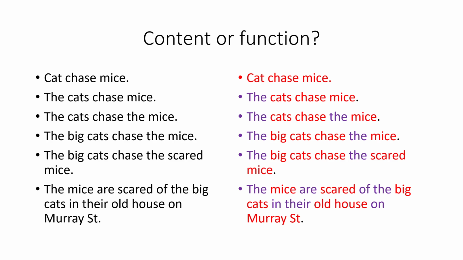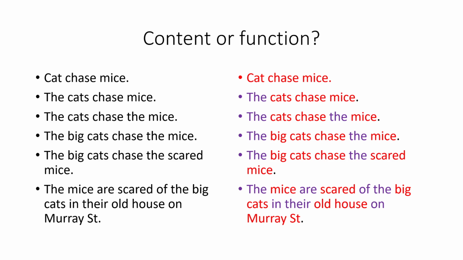The mice are scared. And then we've got of the. This is the beginning of a prepositional phrase, of the big cats. So of is our preposition, it's unstressed, and the is another article, so that's another unstressed word. And it's going to be one sound, of the. Scared of the.